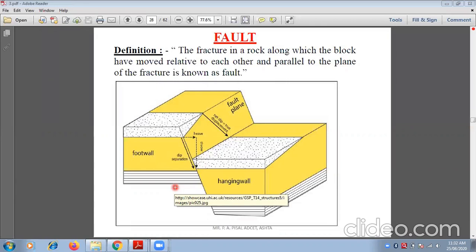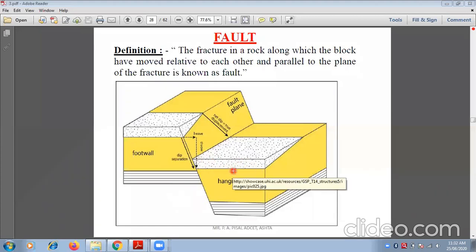Now, first we will see about the hanging wall. Hanging wall means the block which rests above the fault plane. What is the meaning of hanging wall? Hanging wall is nothing but the block which rests above the fault plane. So here, this is the fault plane.